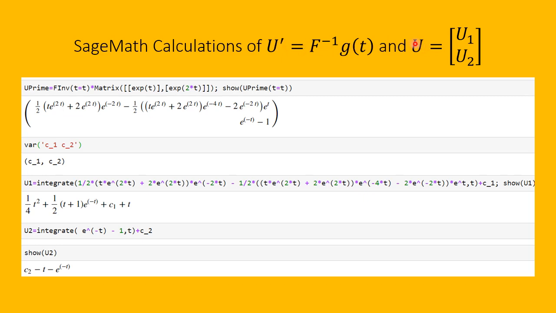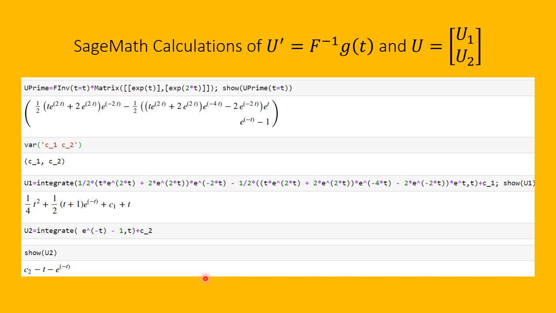And I'm going to do it in two parts. I'm going to find u1 by integrating u1 prime, and I'm going to find u2 by integrating u2 prime. And so here's what we'll do. u1 is going to be the integral of, and then the stuff that we see here is just the first component of u prime, which we have up here.